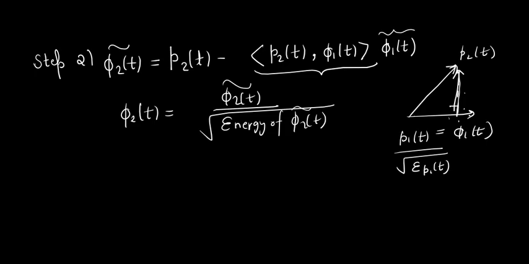Yes or no? Okay. So after this you will get another phi 2 tilde(t), and you normalize it with its energy, because you know that all the bases are always normalized. Okay. So now you have phi 1(t) and phi 2(t) with you.